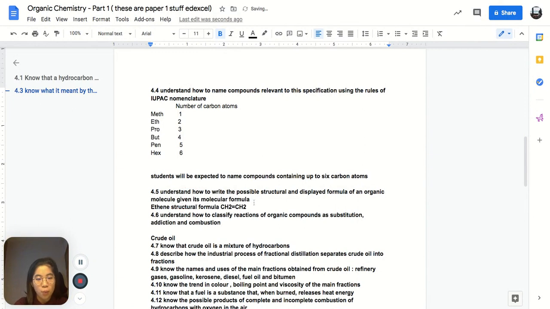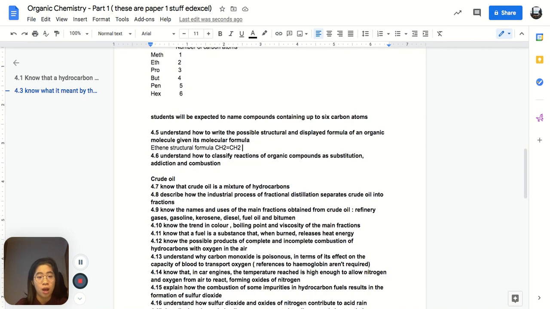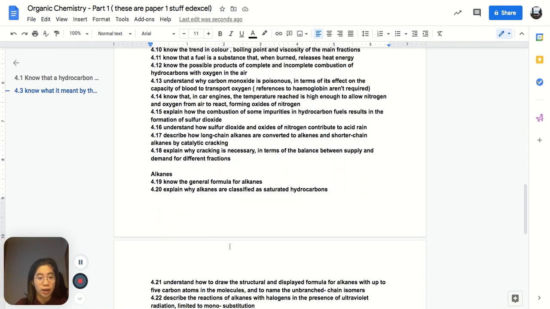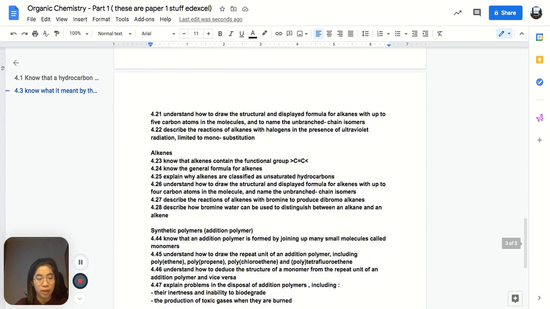And the reason why there is a double bond is just because ethene has a double bond, and that's one of their really interesting features: ethene has a double bond and ethane doesn't. And you will understand it so much better, trust me, when I talk about alkane and alkene later on.